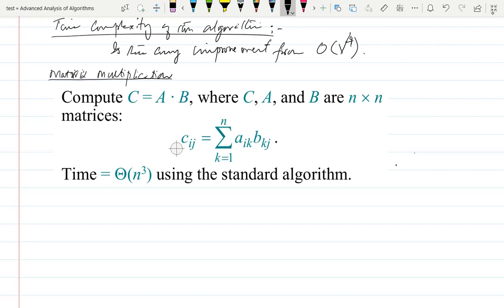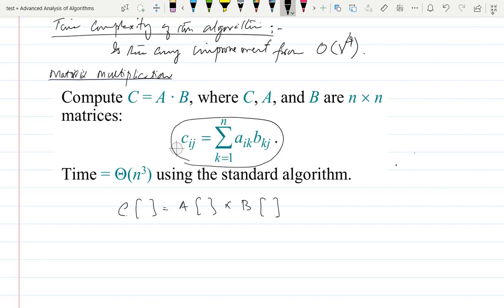Okay, so in this case we know that in simple matrix multiplication, Cij, where C is the final matrix, is the A matrix multiplied by the B matrix, right?